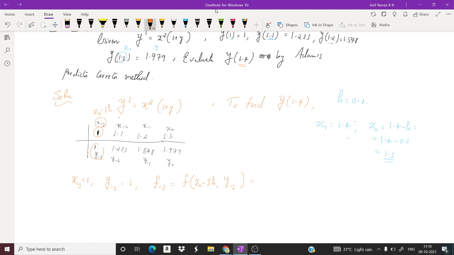Here f of xy is x square into 1 plus y. So f of 1, 1 is 1 square into 1 plus 1, which is equal to 2.